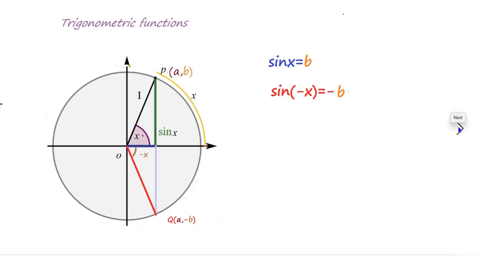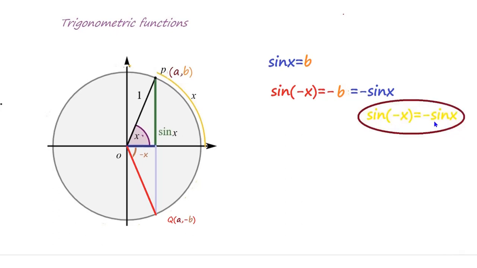B is sin x itself. Therefore, it is equal to minus sin x. Finally, you will have this result: sin of minus x equal to minus sin x. You should remember this result, and this is one result obtained by using the simple definition of trigonometric function.